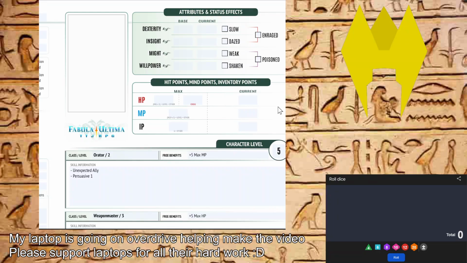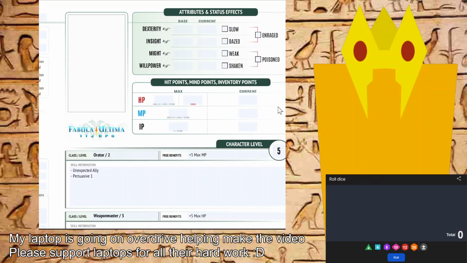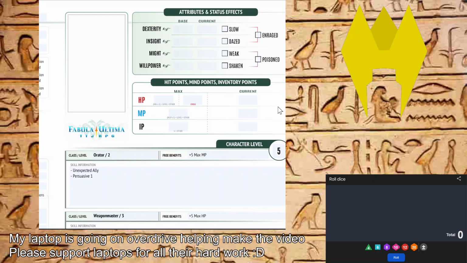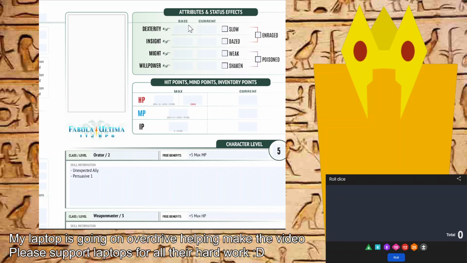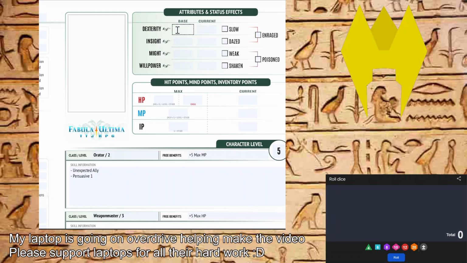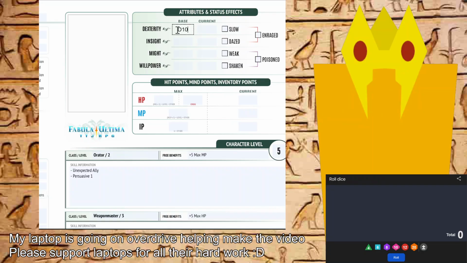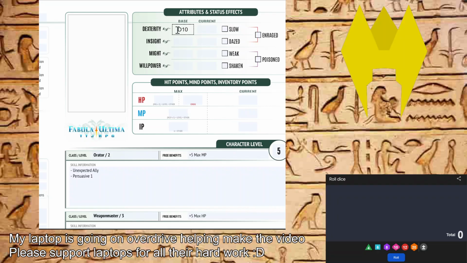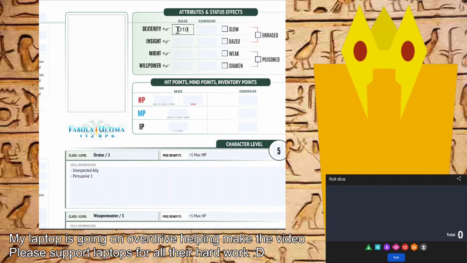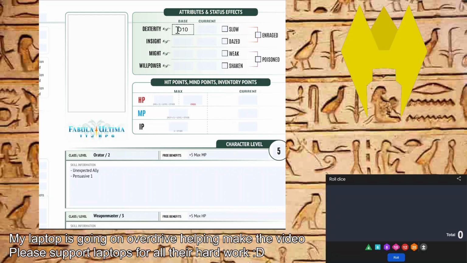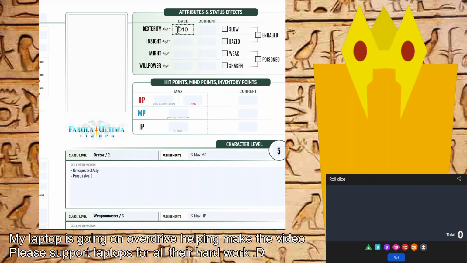So, we're gonna say that our D10 will go into dexterity. Next, we will have to choose our D8s, which I'm thinking is insight and willpower, but that does mean we are a glass cannon almost.